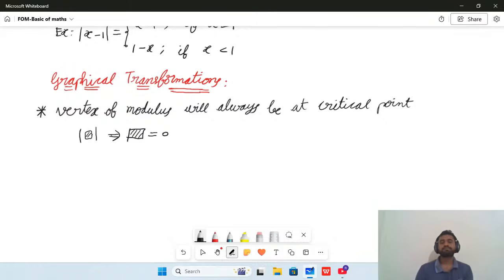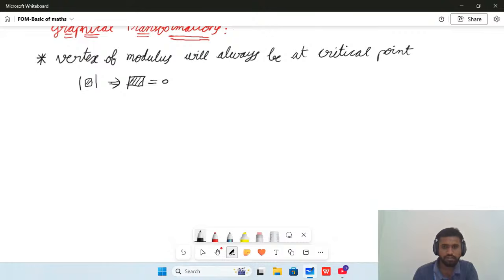One by one we will see the graphs of these modulus functions.